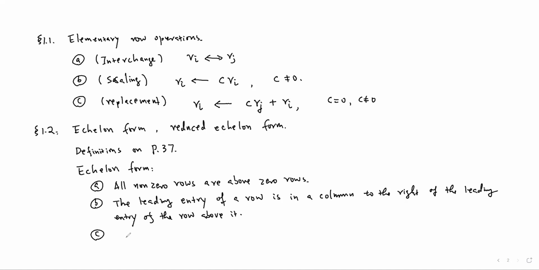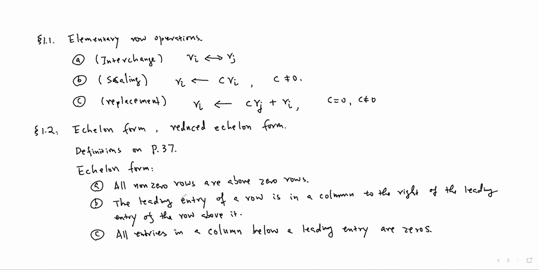Property 3: all entries in the column below a leading entry of the row are zeros.